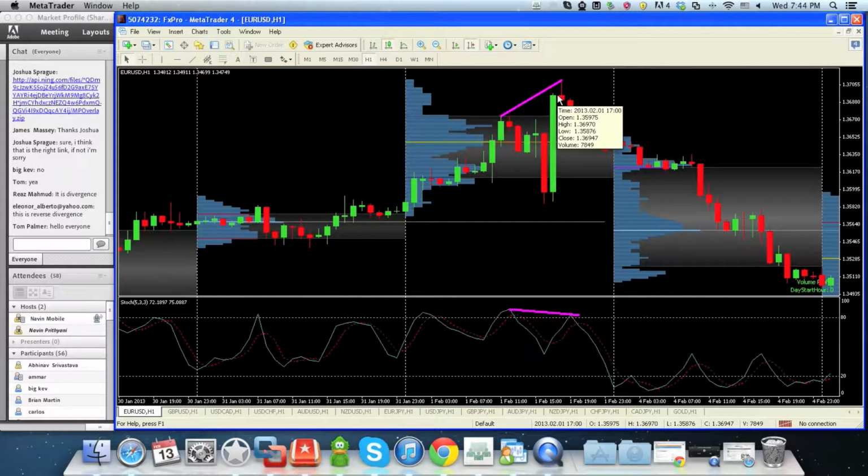Now, how can we use this to our advantage? First things first, we already see that the market is starting to build up a low over here. Now we have this additional confirmation that we also have a divergence. We're just going to call this an opposite. We have an opposite thing happening right here between the price and your indicator, giving you a heads up that the market wants to turn.